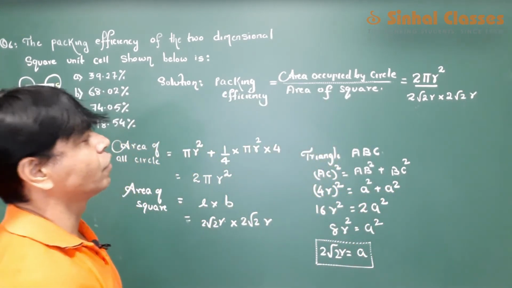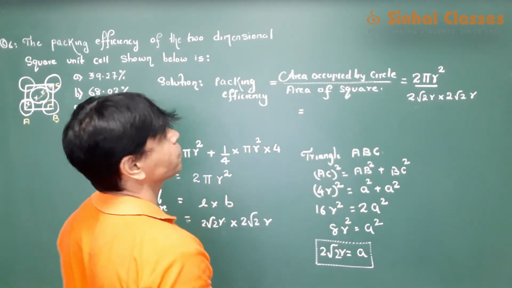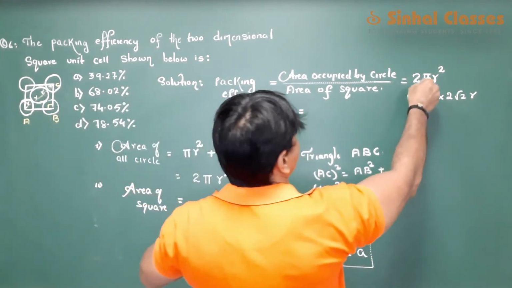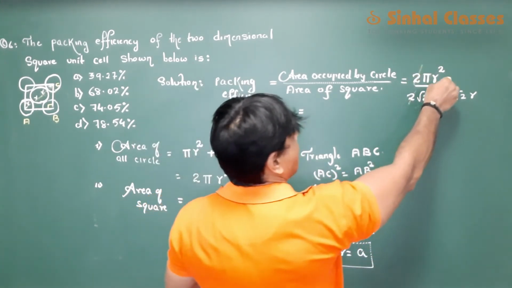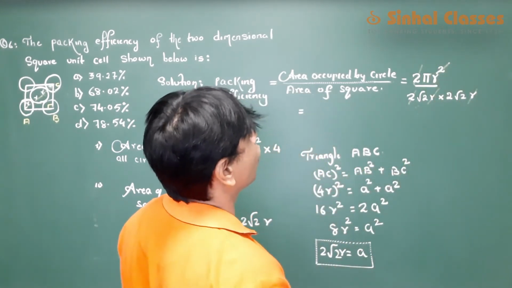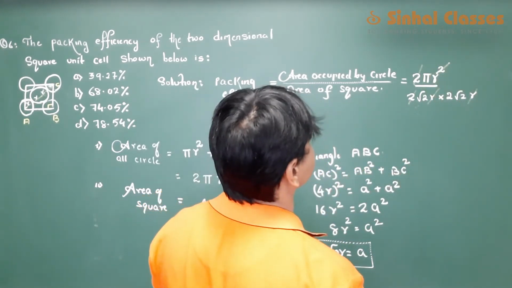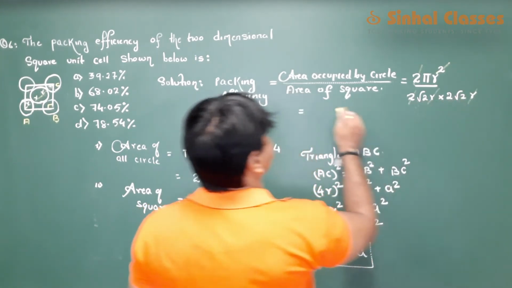Now let's see what is the final answer. You get it? Okay. Now the 2 and 2 get cancelled. R and r gets cancelled with r square. What is left out is 2 into root 2 will give you 4.